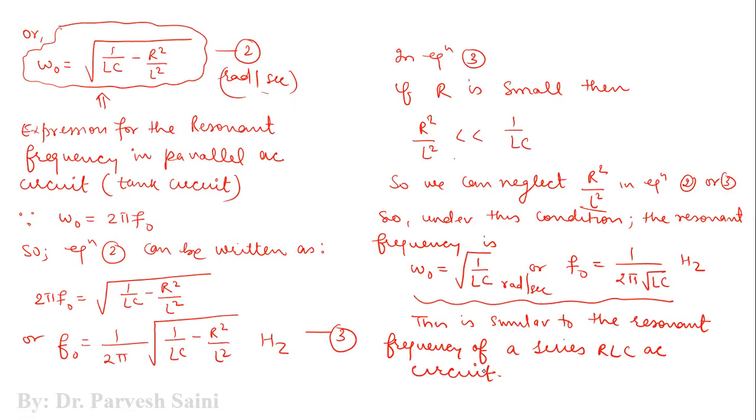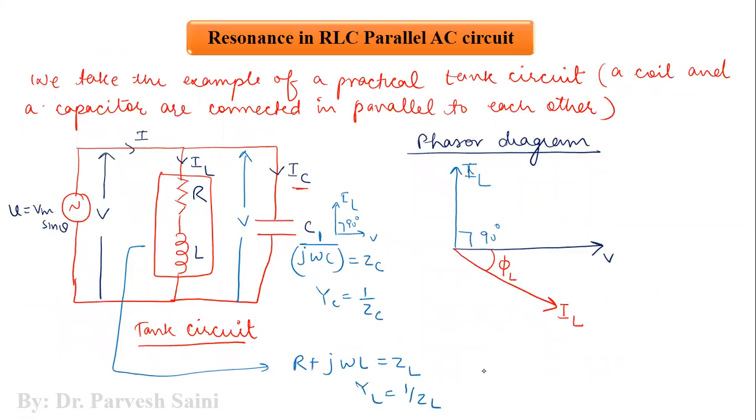From this we have understood one thing, that in parallel AC circuits, if you see these two parameters when you talk about the tank circuit. Tank circuits, what they do, because we know that when they are connected to some AC source, this is L, this is C basically.